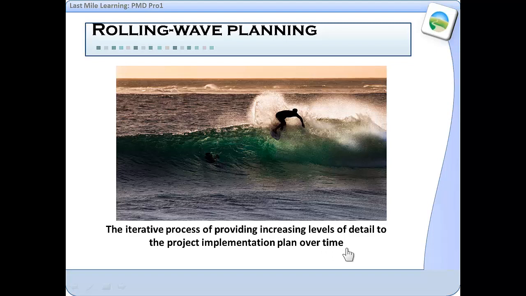I think the PMD Pro guide might also mention progressive elaboration. That basically means as you are progressing forward in implementation, you need to be elaborating or providing more detail. And just like the waves and the surfer come over and over again, we need to do planning in an iterative way.